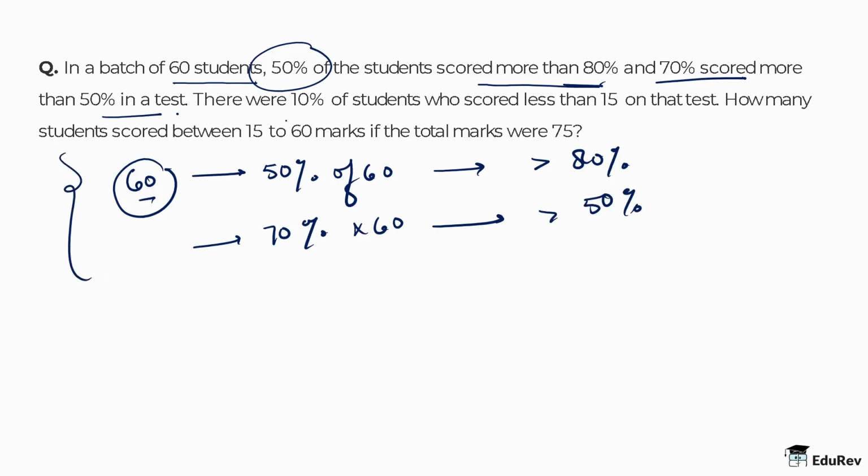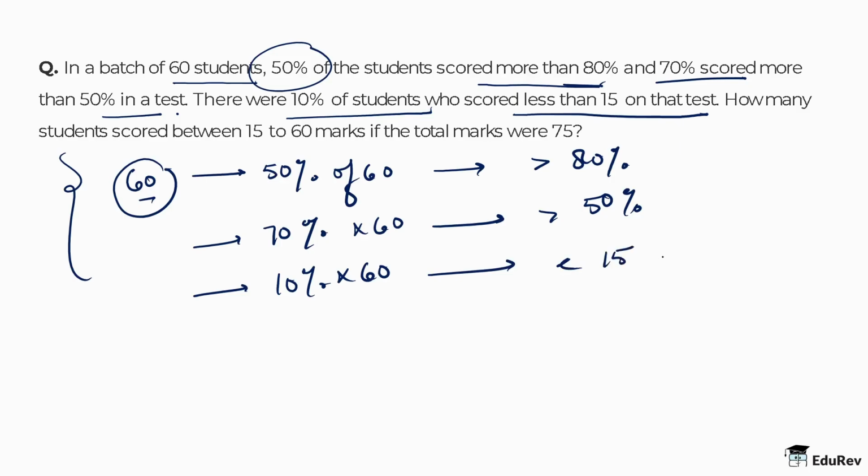Now let's read further. There were 10% of students who scored less than 15 on a test. That means 10% of 60 scored less than 15 on the test, correct? So how many students scored between 15 to 60 marks if the total marks were 75?